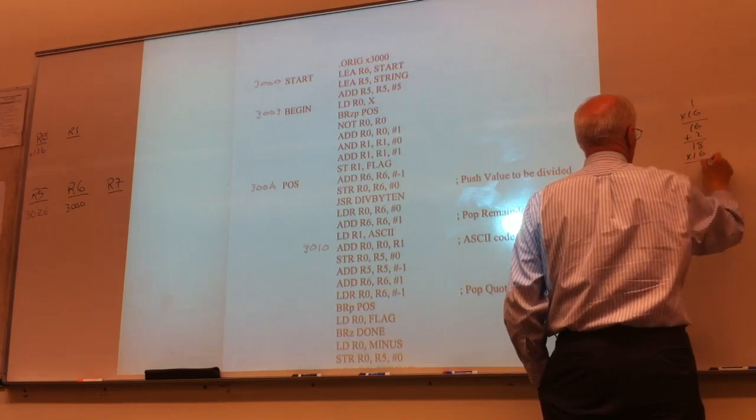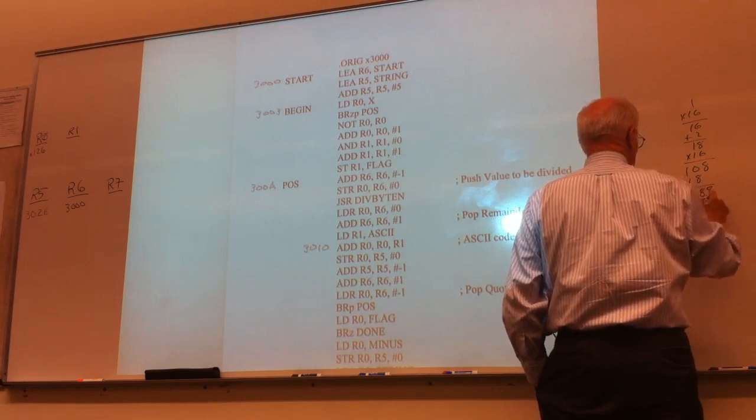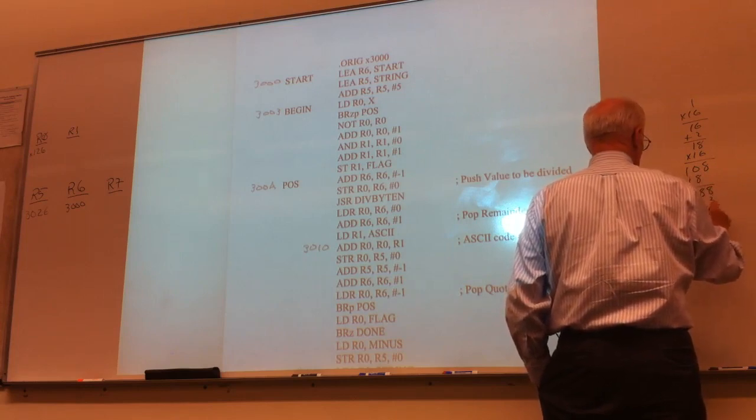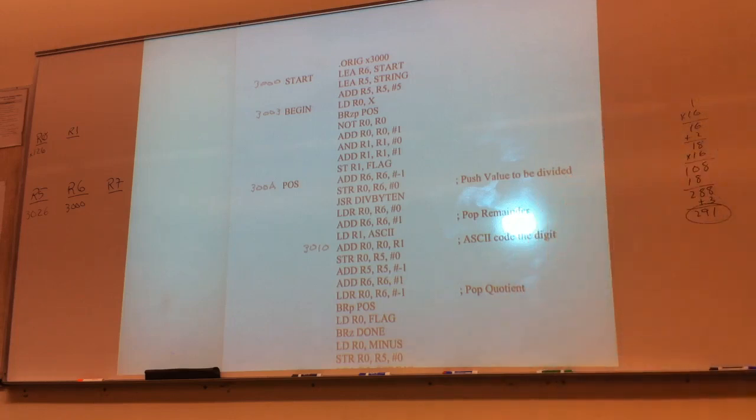Times 16 plus the last digit in decimal. That's what I should be coming up with. I should end up with characters to print out 291. So we'll just keep track of that.